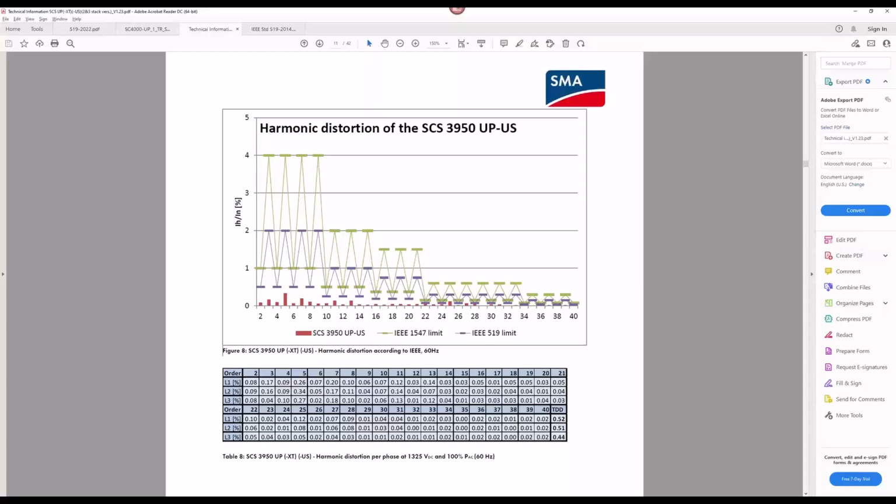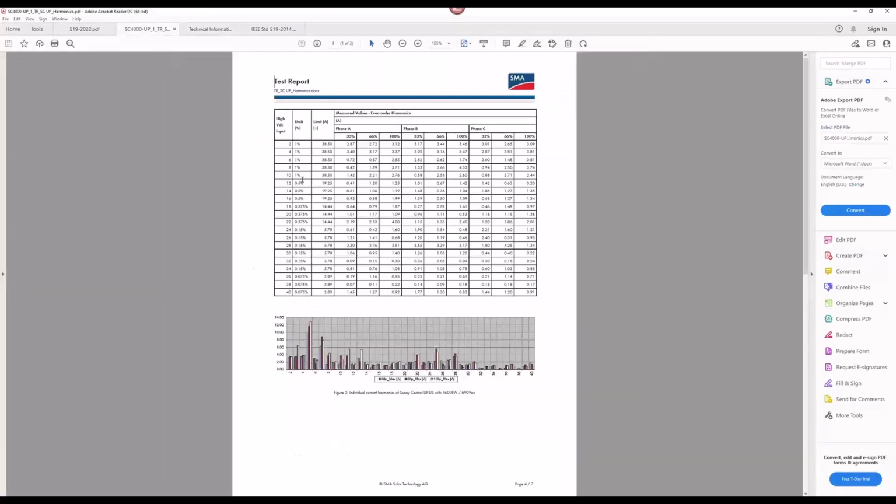Good question, because many utilities and manufacturers consider not only the current injection level at 100%, but also at 33% output level of your inverter. You may still observe a significant amount of current harmonic injection at the inverter, even if your fundamental current is smaller.